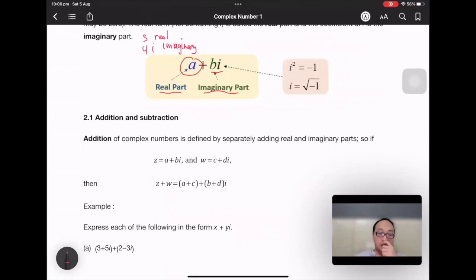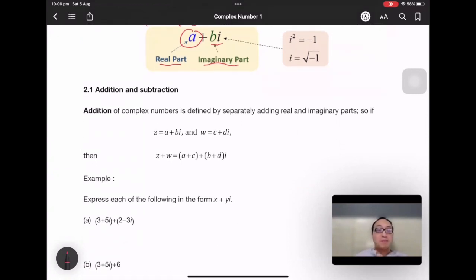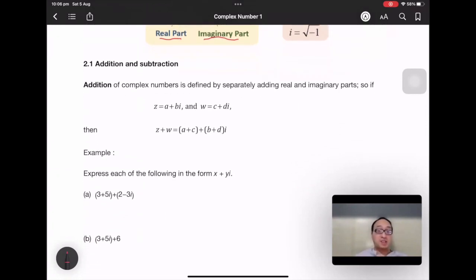Now, what can we do with calculations including complex numbers? Complex numbers can be added and subtracted. Complex addition is defined by separately adding the real parts and the imaginary parts.